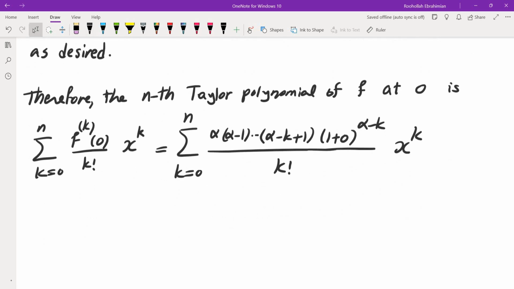The first expression, α all the way to α−k+1 over k factorial, is just α choose k. So this is the sum of α choose k times x^k, k equals 0 to n.